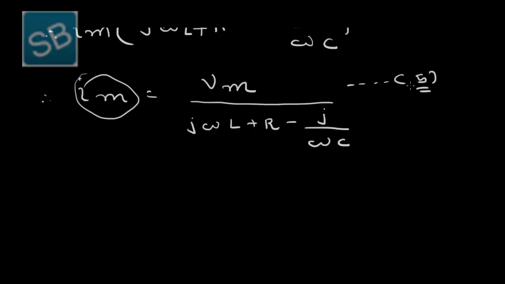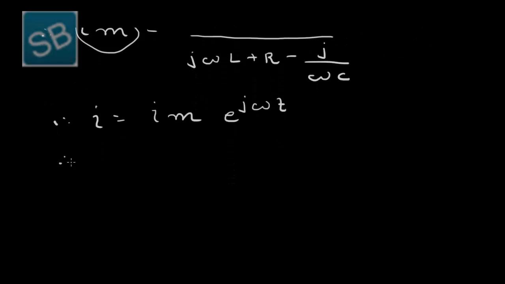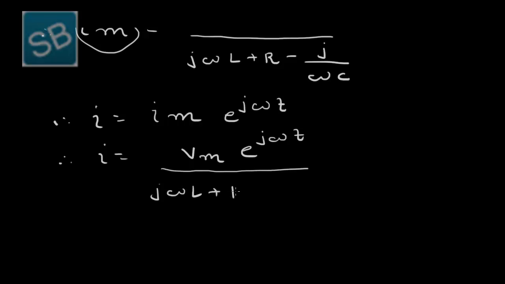If we substitute equation number 5 in the solution of the type I equals Im e to power j omega t, therefore I equals Vm e to power j omega t divided by j omega L plus R minus j upon omega C, and hence this relation is very similar to Ohm's law, the I equals V by R form.